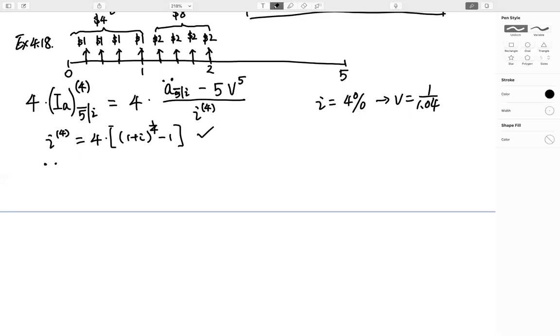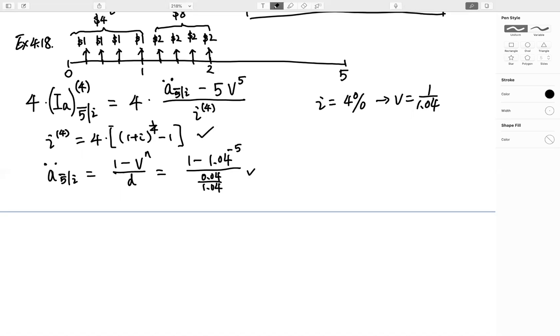And the annuity, by the way, you can directly get from your financial calculator. But anyway, this would be 1 minus v to the nth divided by d, right? Again, 1 minus v to the nth is the same. Because this is annuity due, we divide by d. d will be i over 1 plus i, right?